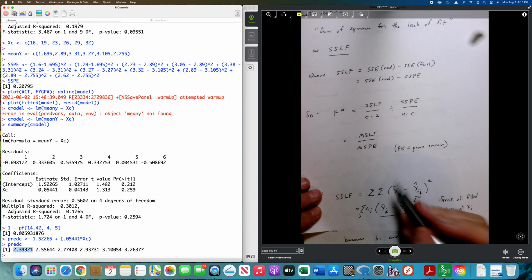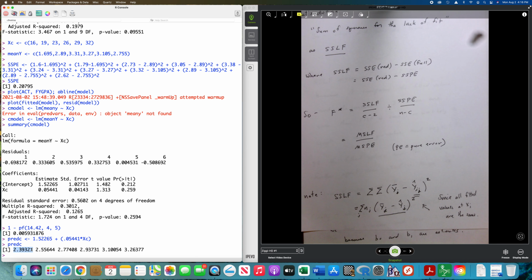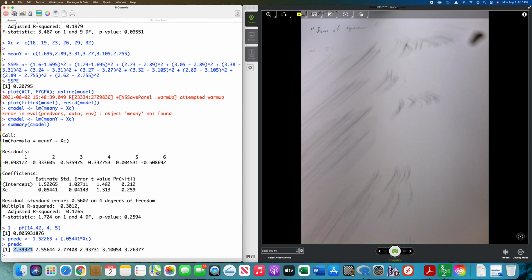Well, if your fitted value and your mean value are extremely close, then this quantity is going to be very, very small. And if you sum up a bunch of small quantities, you're going to get a small test statistic, which is going to create a high p-value, which is going to lead to not rejecting the null, right? Again, if we go back over to the null hypothesis, it's going to lead us to not reject this null and conclude that a linear model is appropriate.